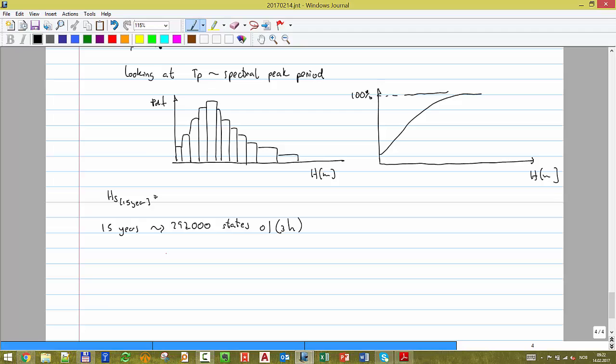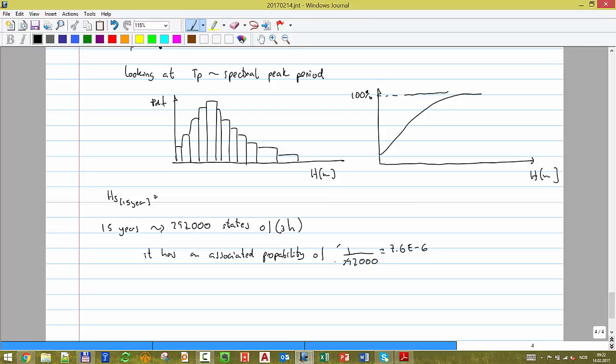Therefore it has an associated probability of 1/292,000, something very, very small, 7.6 e to the minus 6.